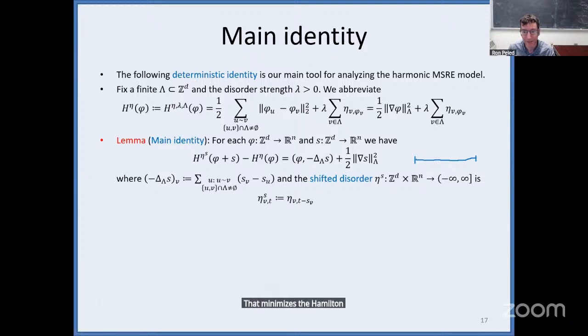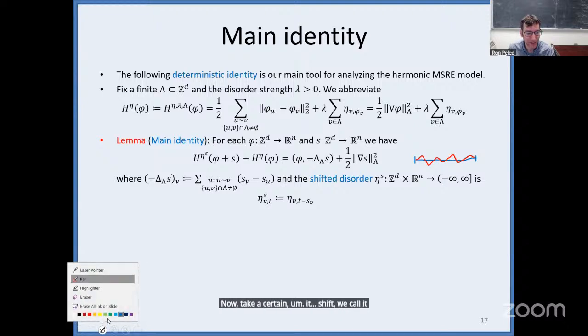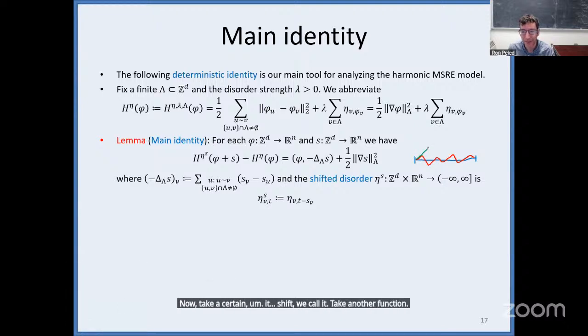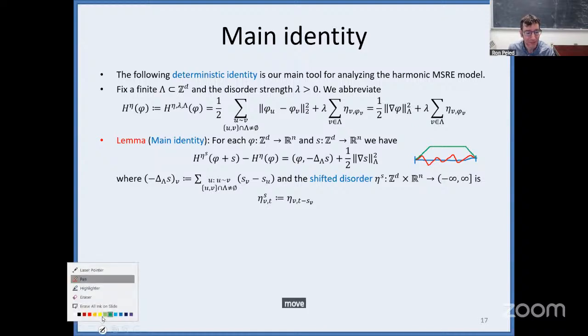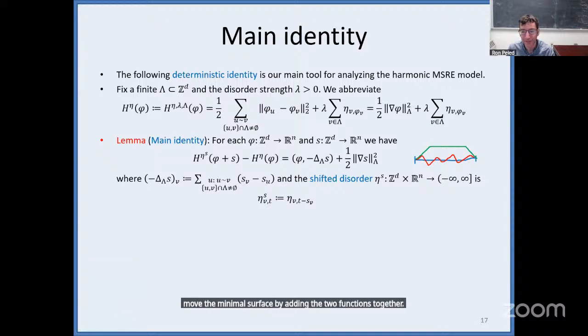I plot it in red for given boundary conditions. Now, take a certain shift, we call it s. Take another function, say this function. Move the minimal surface by adding the two functions together. Add the red to the green. So it looks something like that.